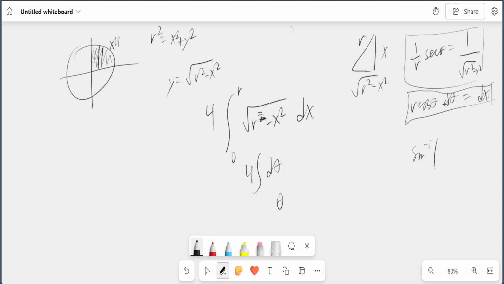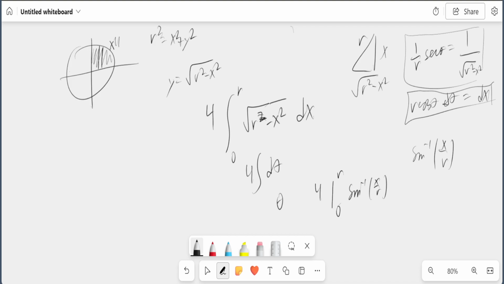Wait, this is just gonna give us... Okay, did I mess up here again? Because 1 over r secant theta. I don't know if this is gonna give us what we need. This should work. The setup is correct.